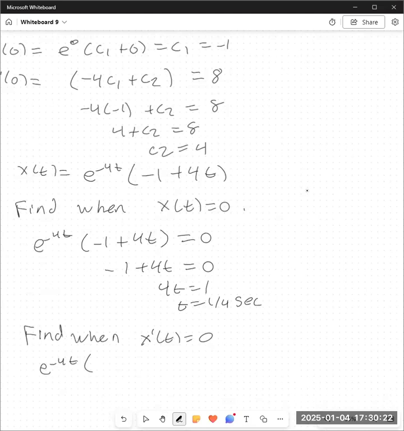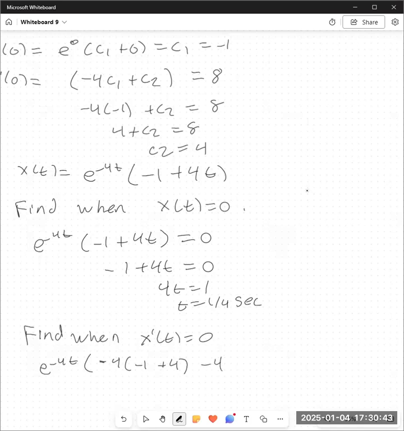Let's go back here. So this was -4 times, and then C1 was -1, plus C2 was 4. There we go.